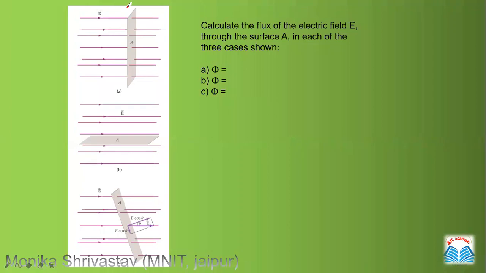Yes, right, E into A. For B, what are we getting? 0, because cos 90 is 0. Yes, 0, very good. And for C again? EA cos theta. Good, very good. So these are the three orientations, and we are getting different results. Hence, we can conclude that the flux also depends upon the orientation of the surface.